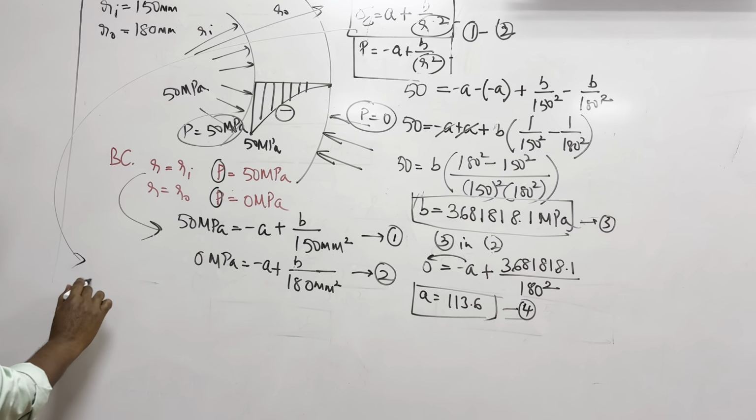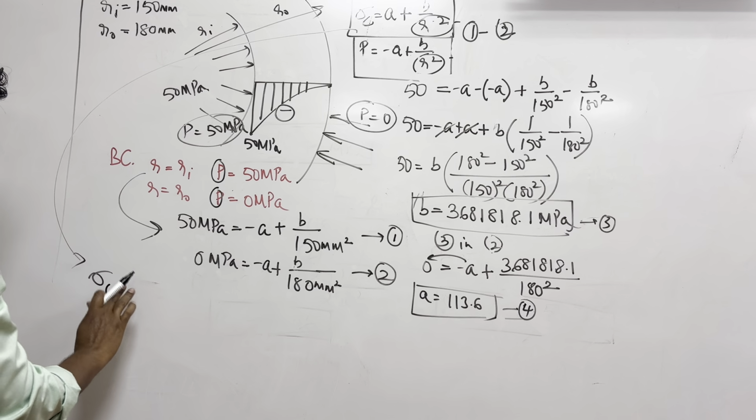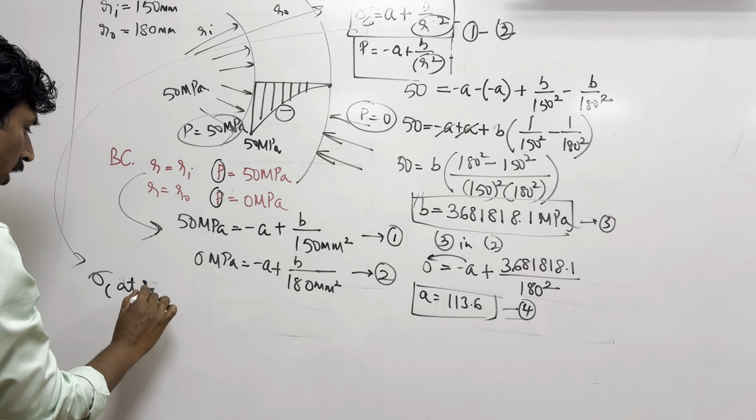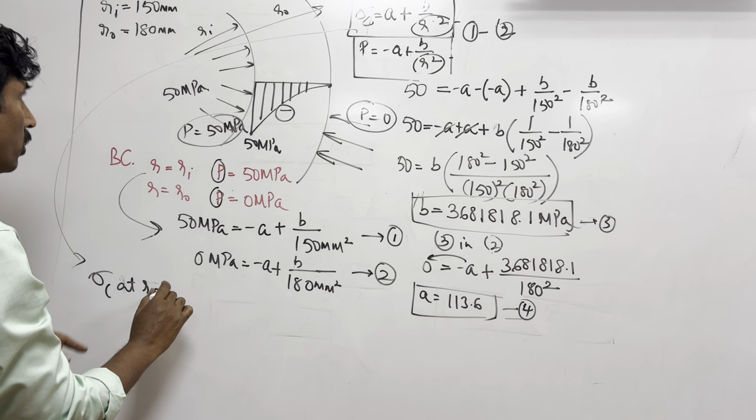Sigma C at R is equal to how much? 150 mm.